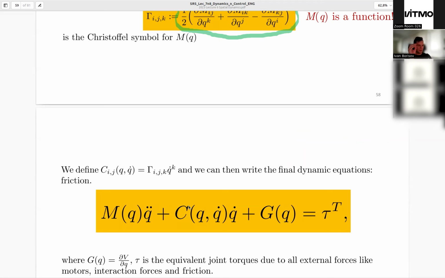No, it's something that is not independent. It depends on your mass matrix.